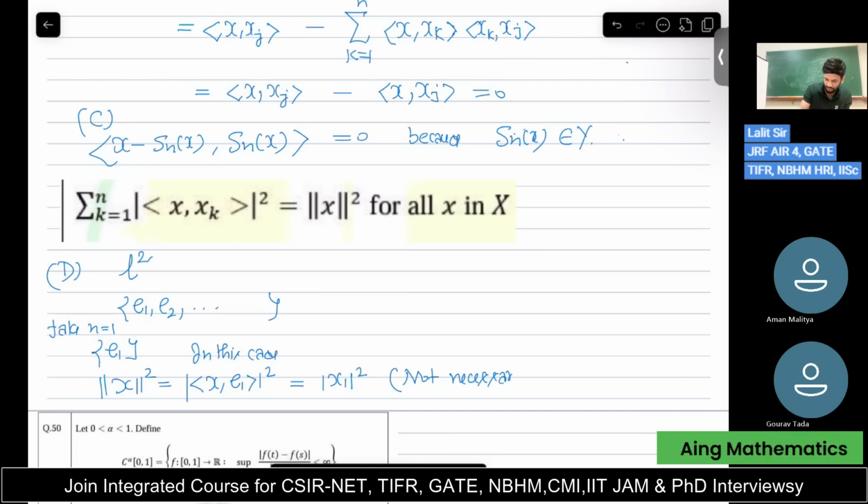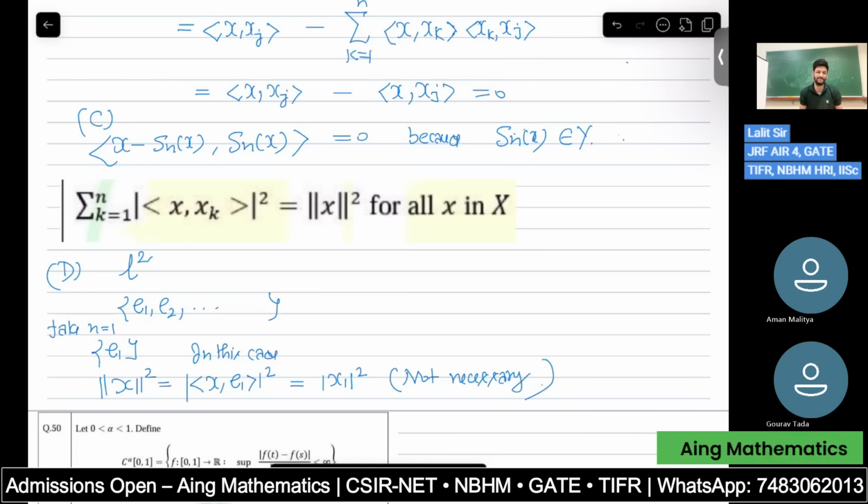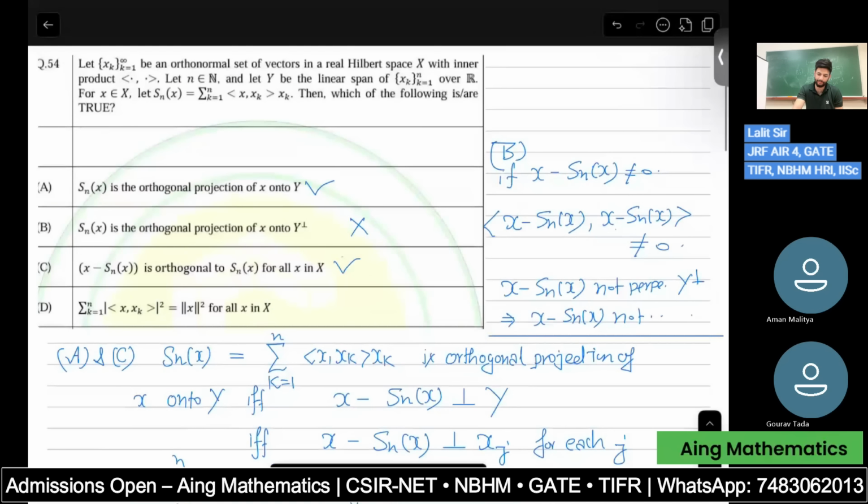It's not necessary because if you pick x equal to e1 plus e2, then its norm squared is not that. Take the vector 1, 1 and try it. So we will not pick this because its norm is root 2, but the other side says that it will be equal to 1. So yeah, any questions?